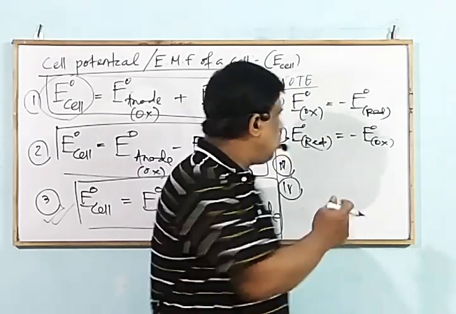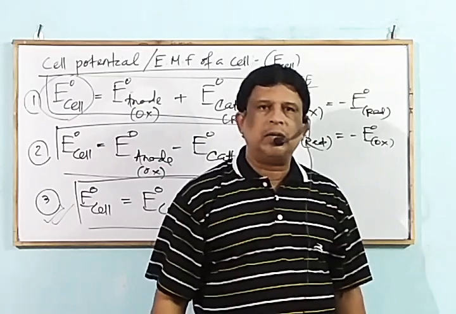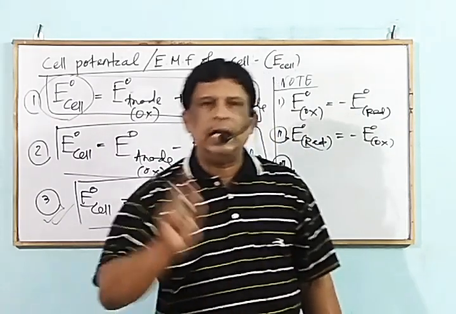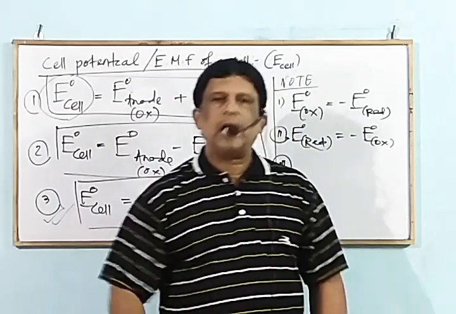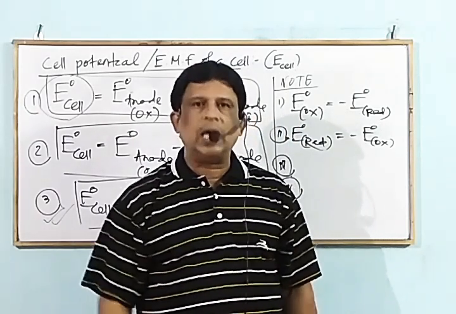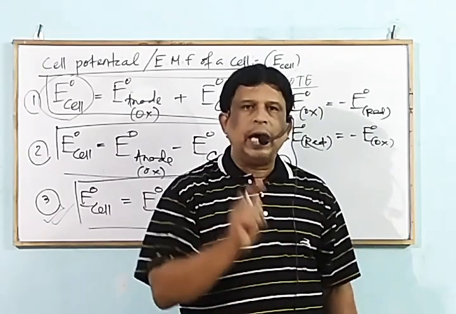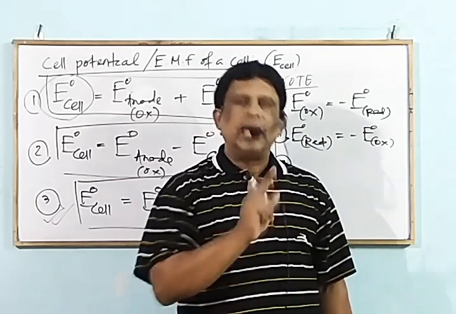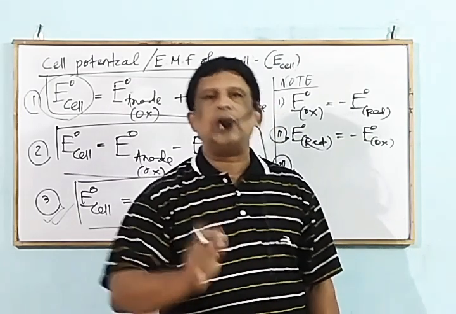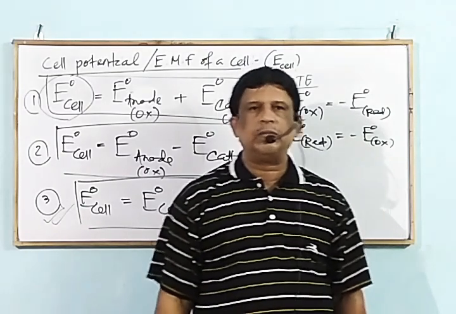Next, for calculating the half cell value, the oxidation potential value, or the single electrode potential value, it is necessary to join with another electrode, that is known as the reference electrode. And here, the NHE, normal hydrogen electrode, or SHE, standard hydrogen electrode, is taken as the reference electrode.